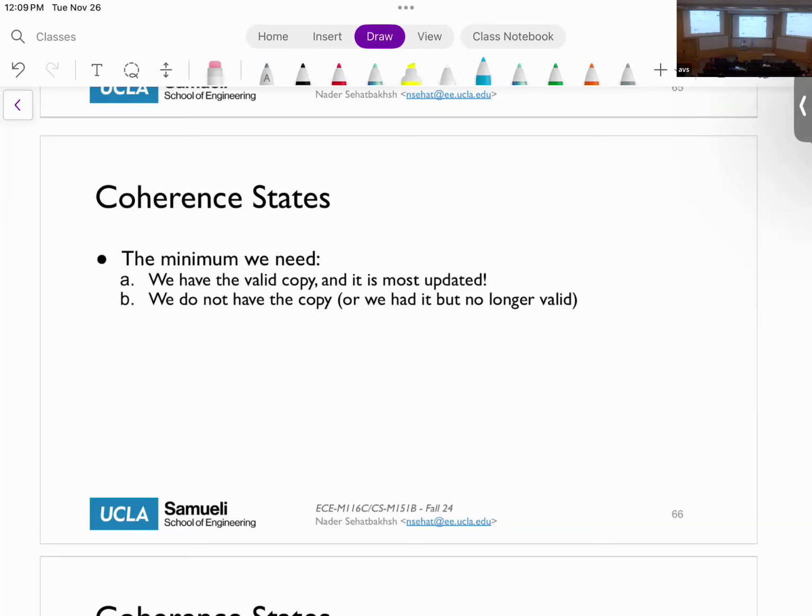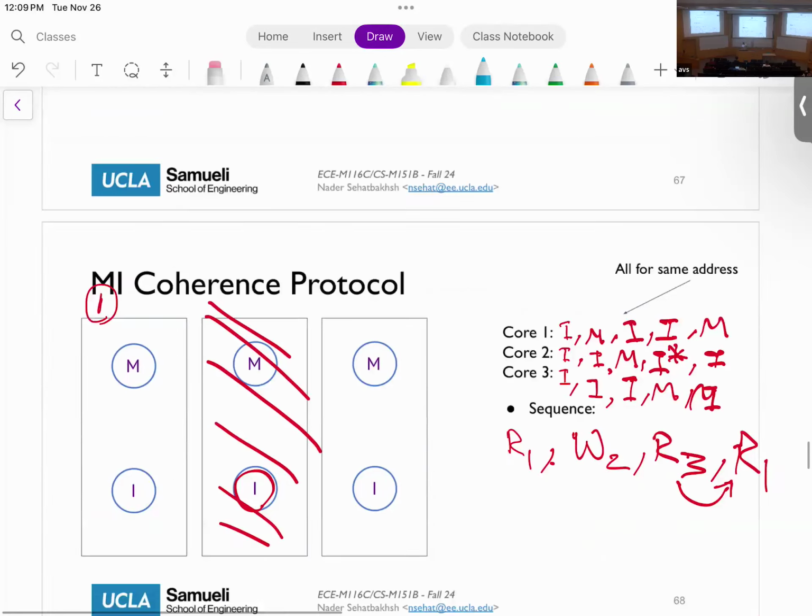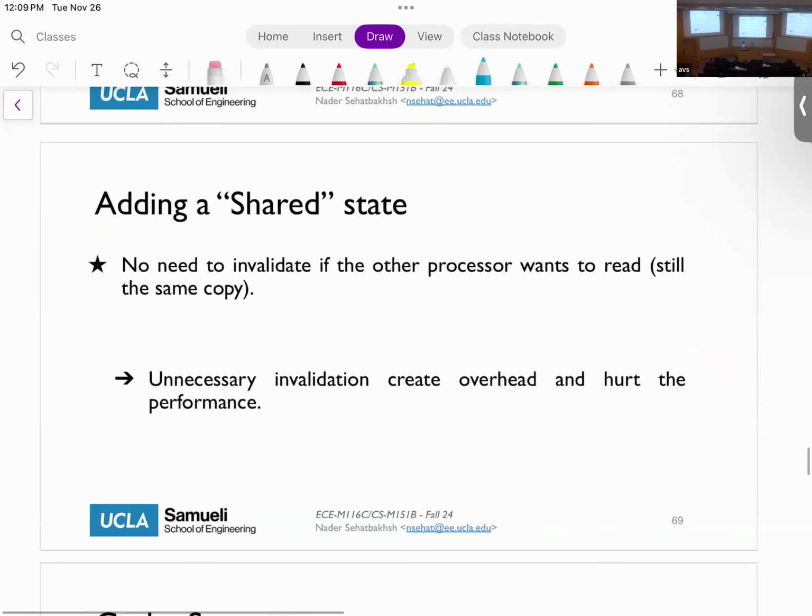So we introduced the idea of a shared state, where the cache can now have 3 states: M, the modified; I, the invalid; and a new one called shared, which we call S. If someone wants to read, they go to the shared state. If other people also want to read, they also go to shared. So a particular line could be in multiple caches at the same time.